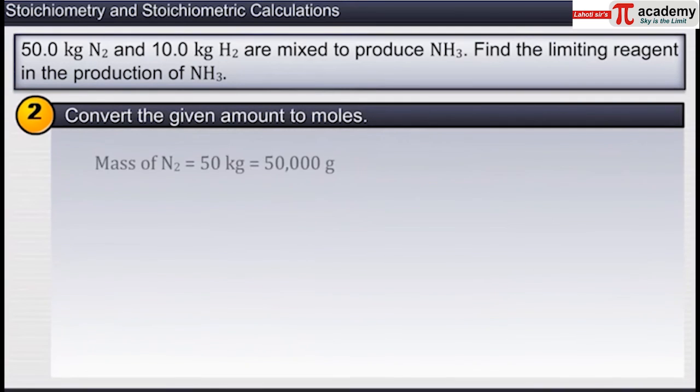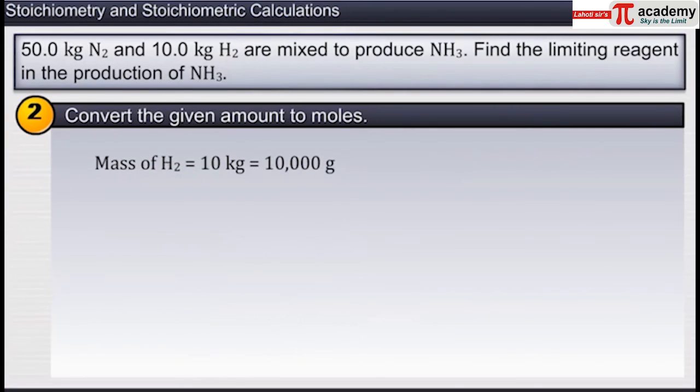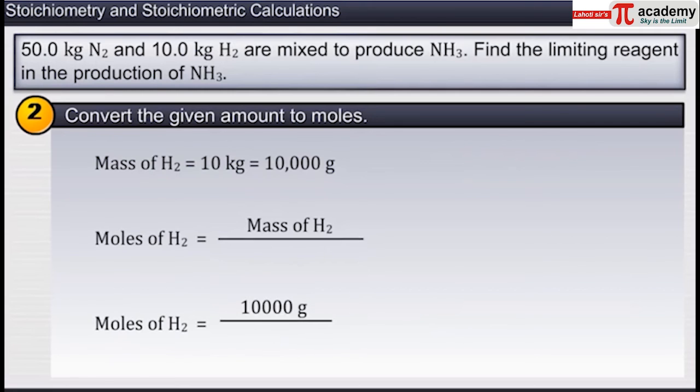First, we'll convert the mass of nitrogen into grams and then apply the formula to find the moles, which is 1785.7. Similarly, we'll convert the mass of hydrogen to gram and then apply the formula. We get the moles of hydrogen as 4960.3.